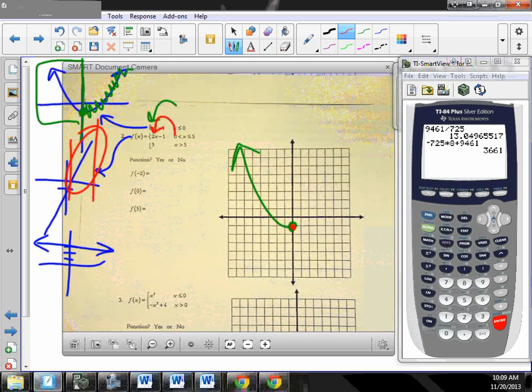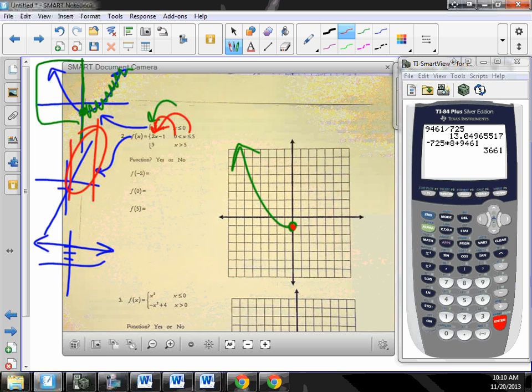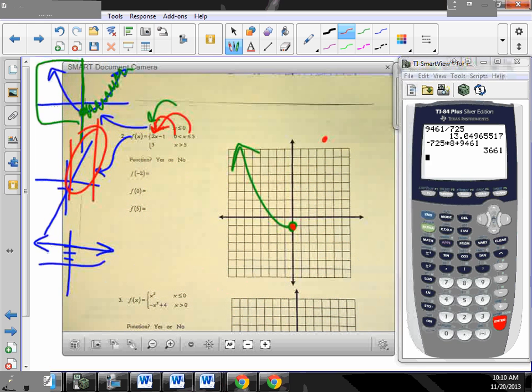And I plug in 5 to find the other endpoint, and I get 5 comma 9. So I go over to 5 up to 9. Is that open or closed? Closed because it's less than or equal to 5. Does anybody not get that? And it's linear, so it's just a straight line.